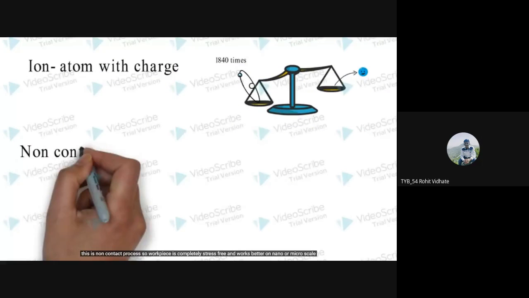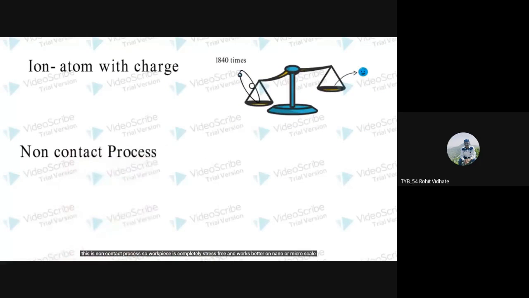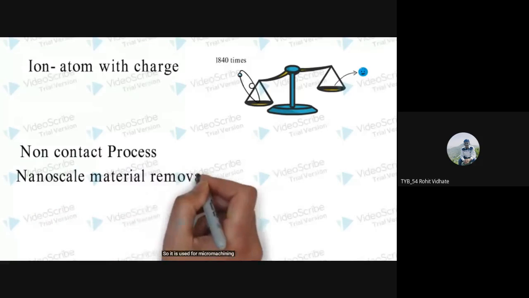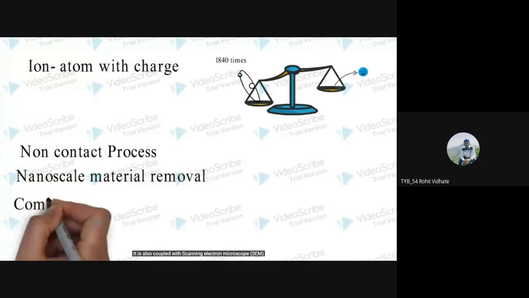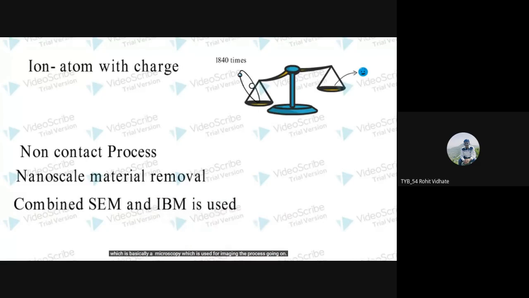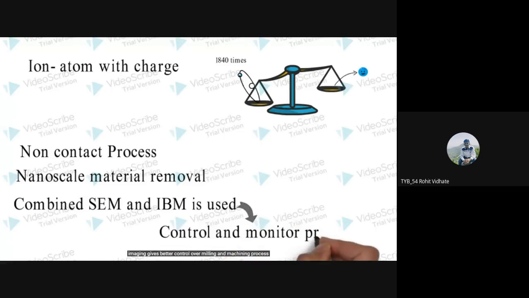So this process offers certain advantages over electron beam machining. It is a non-contact process, so the workpiece is completely stress-free and obviously works better on nano or micro scale, so it is used for micro machining. It is also coupled with a scanning electron microscope, that is SEM, which is basically a microscopy used for imaging whatever process is going on. So imaging gives you better control over the milling and machining process.